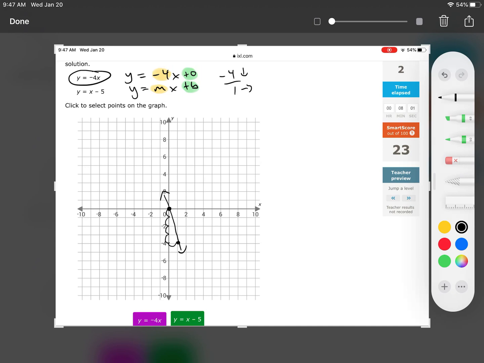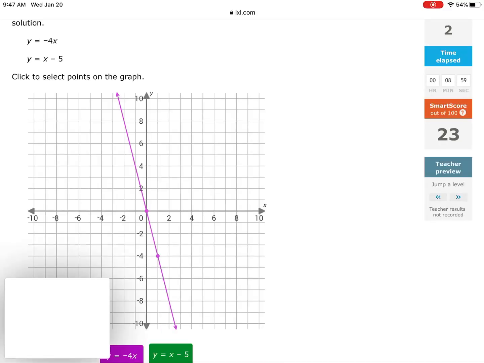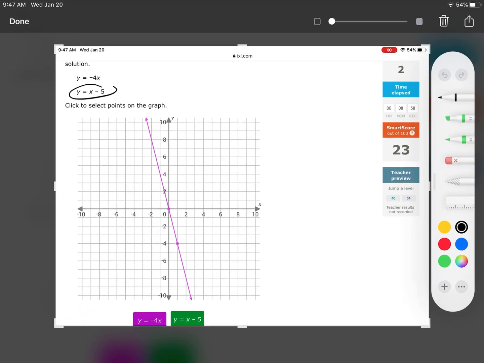And then our second graph, let me actually graph that. And then our second graph is going to be from this equation. Again, if we copy y equals mx+b, the coefficient in front of the x is the slope.